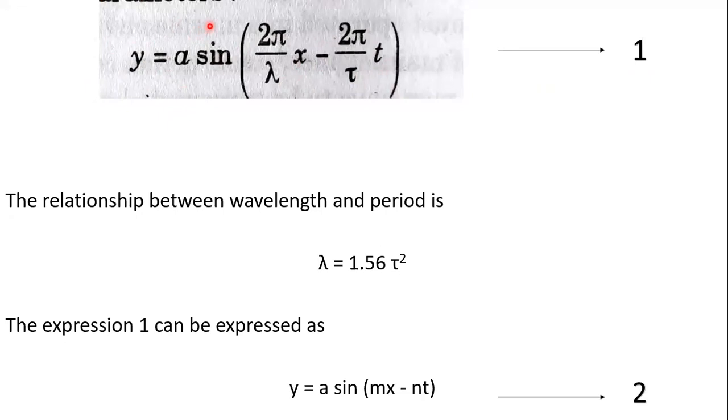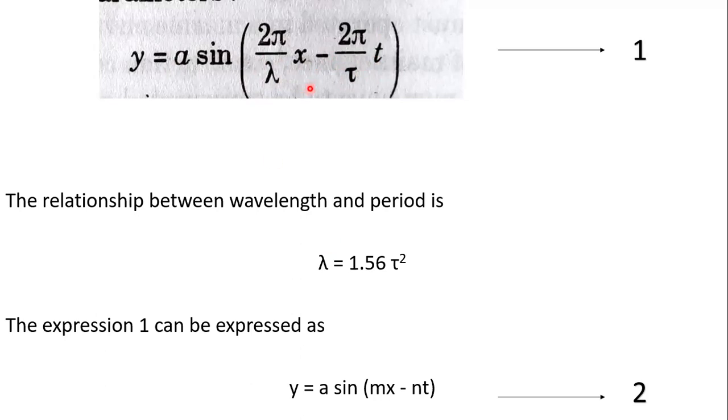A is the amplitude in meters. Everything is in meters; only τ is in seconds. λ is the wavelength in meters, t is the time, and τ is the period in seconds.